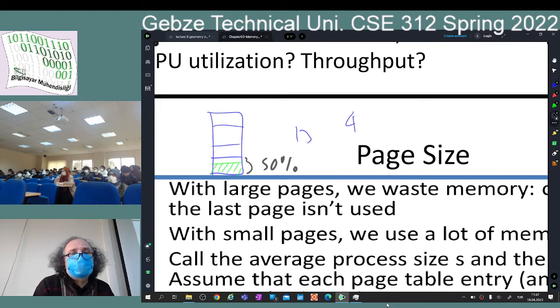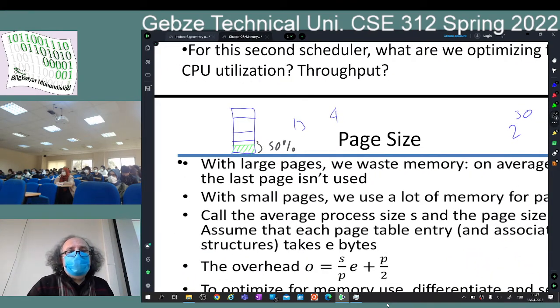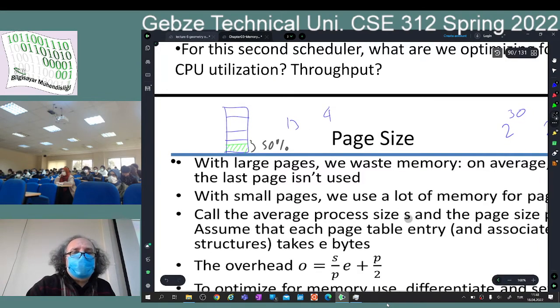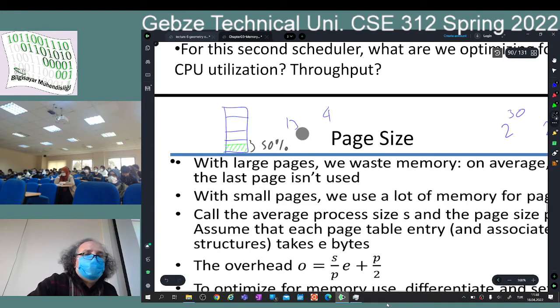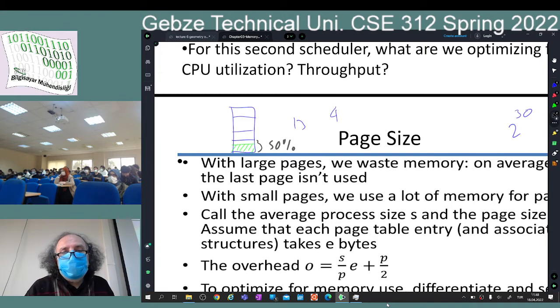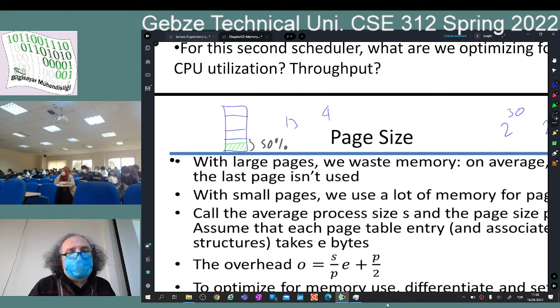Okay, so let's write this equation. If I have a process size of S, let's say again 13 kilobytes, and my page size is 4 kilobytes, S over P, of course, I am going to take the ceiling of it.